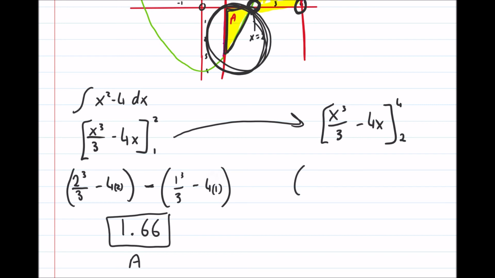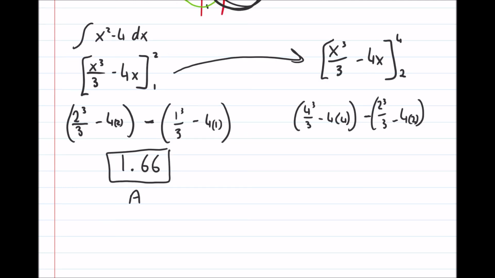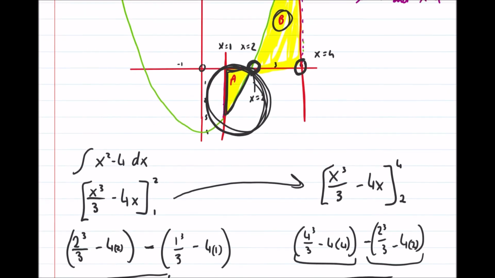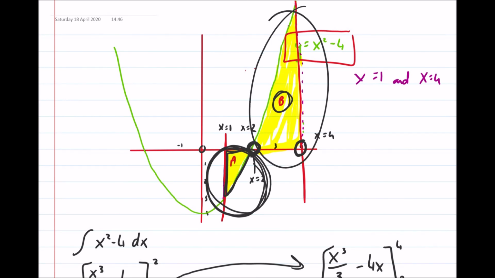So we have 4 cubed over 3 minus 4 divided by 4 minus 2 cubed over 3 minus 4 divided by 2. So when we work all this out, we get this. If I work this out and minus both of each other, I get 10.66. So that's the area of B.